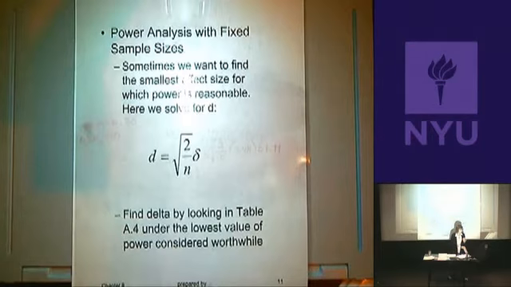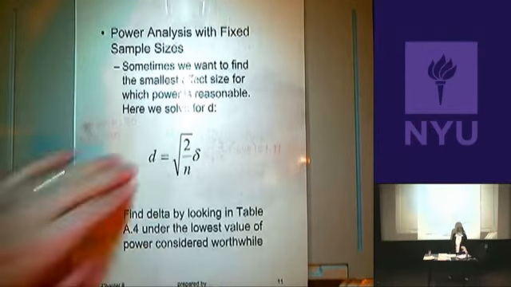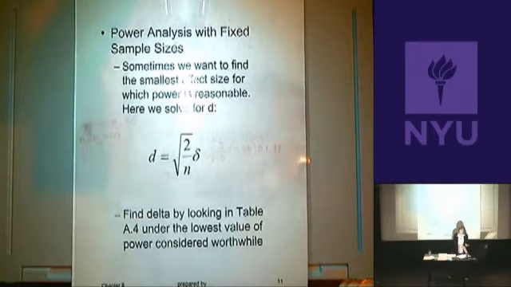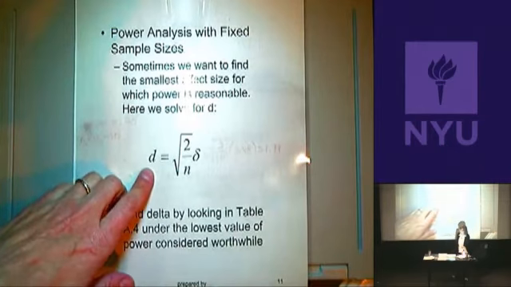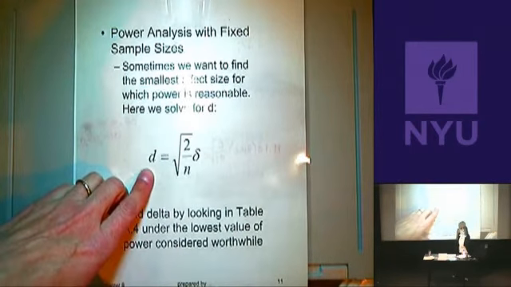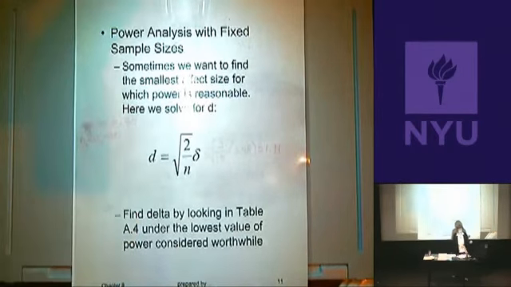So we might have a particular power and a sample size that we're dealing with. In that case, what we want to find out is the smallest effect size that I need in this study in order to achieve the power that I want. In this case, instead of solving for delta, I'm just solving for effect size. It's the same formula, but I've just solved for D instead of delta.